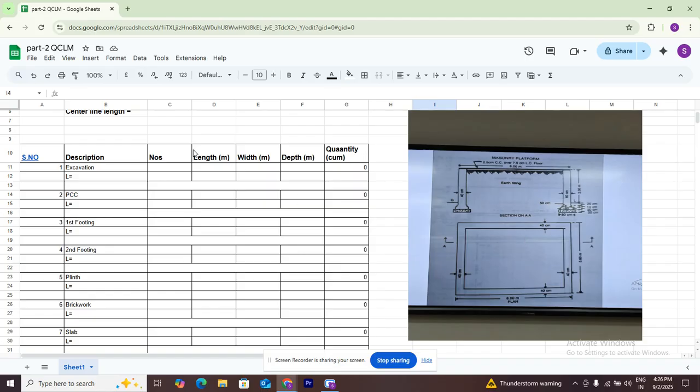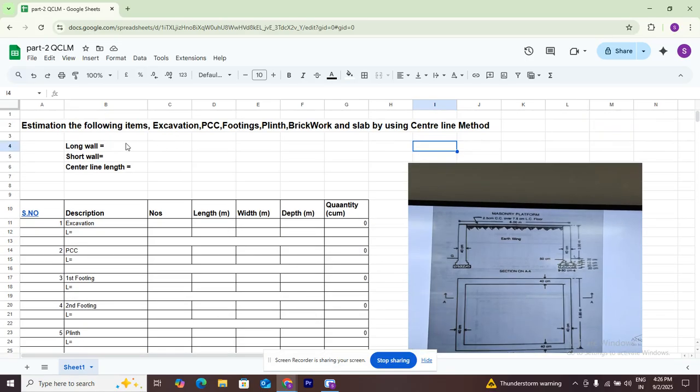So 6 minus 0.4 by 2 minus 0.4 by 2 gives 5.6 meters.